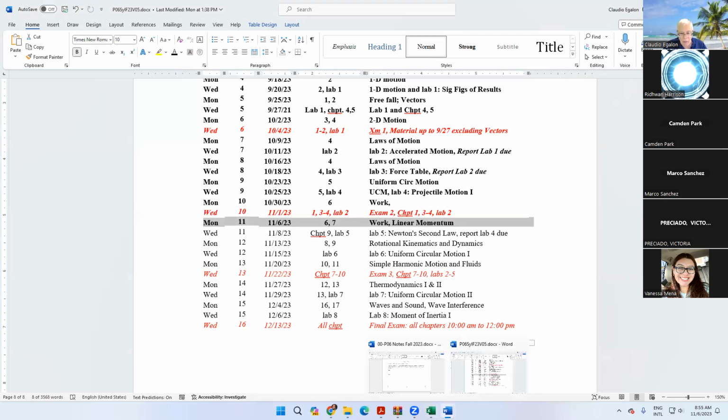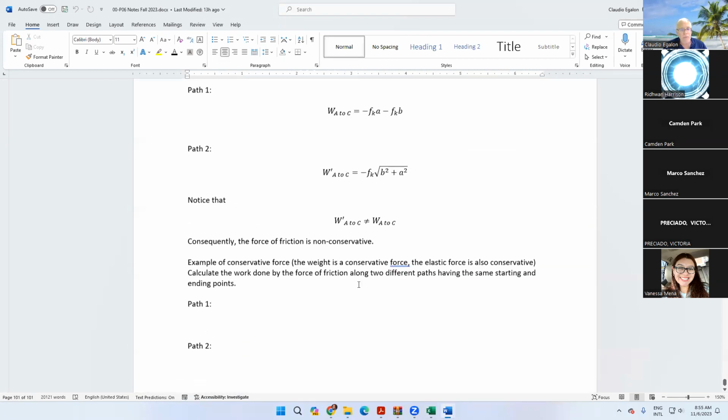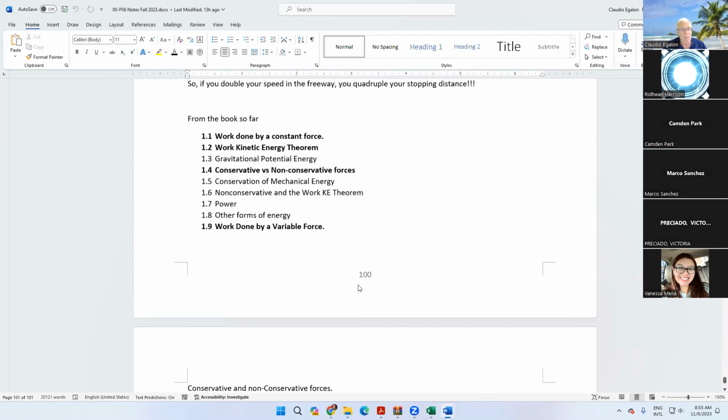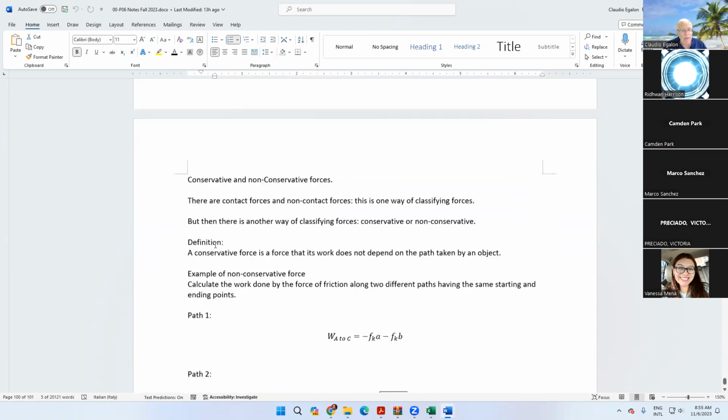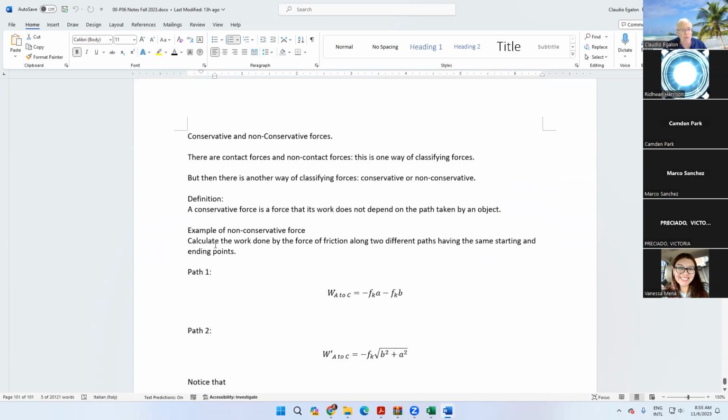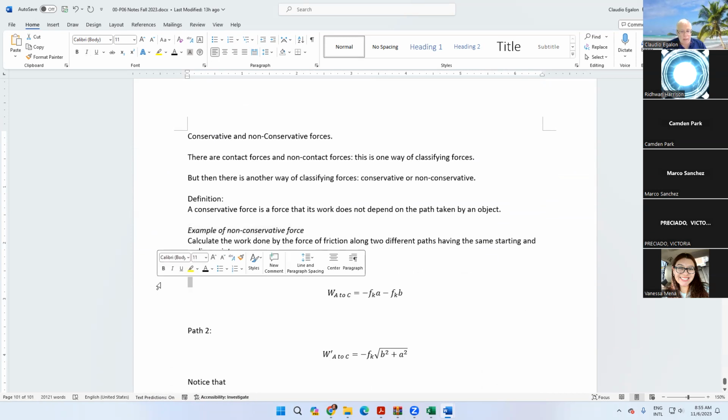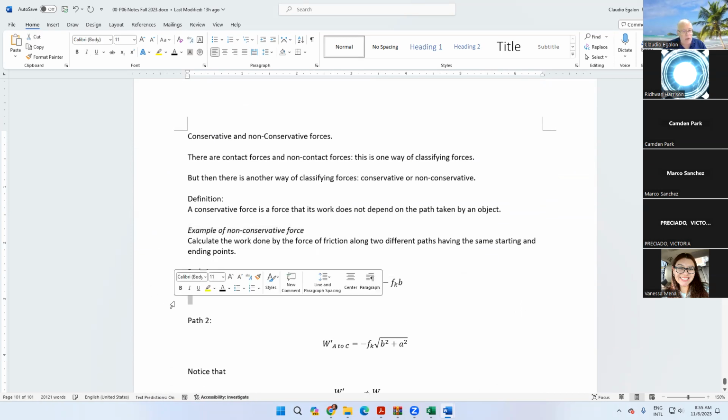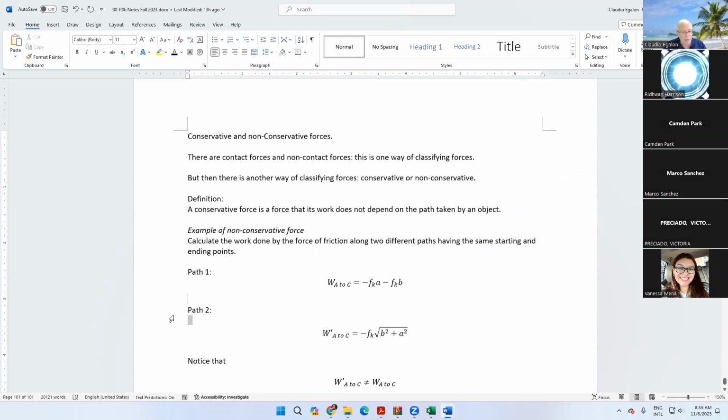And let's take a look at our notes. Okay, so that's what we have done so far. We're doing conservative versus non-conservative forces. I was doing some examples of conservative and non-conservative forces. I started with an example of a non-conservative force, so you can see in a mathematical sense what it means to be a non-conservative force.